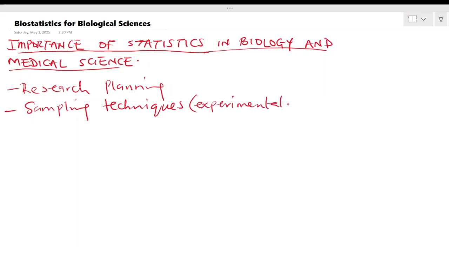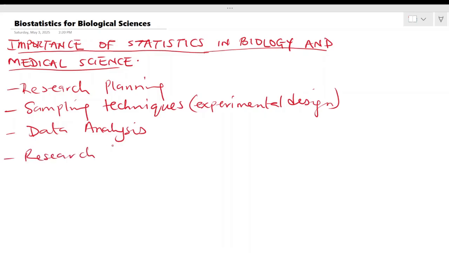So it's sampling techniques or experimental design. Then you also have your data analysis, and of course your research conclusion. Your research conclusion is actually gotten from the results of analyzing your data.